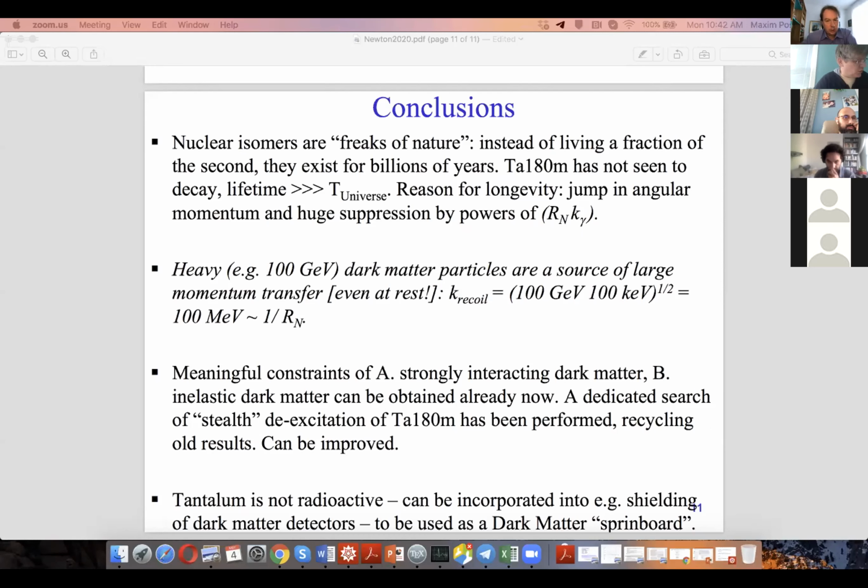There is the more mundane elastic cross section, and there is a de-excitation cross section. So we have taken previous nuclear physics work to put in the value of the cross section.